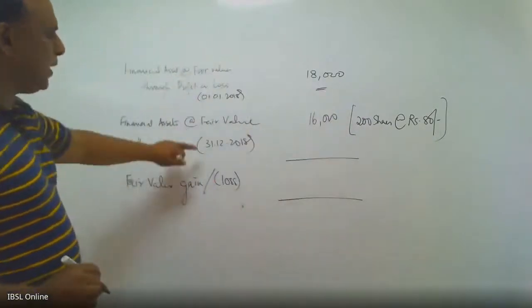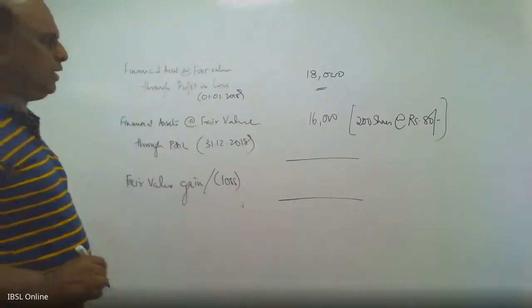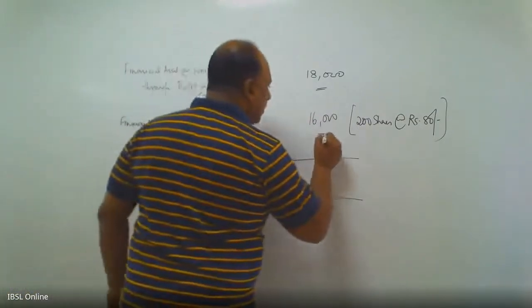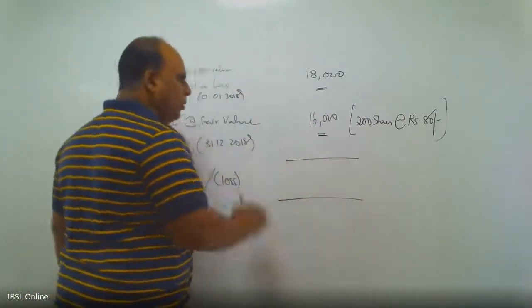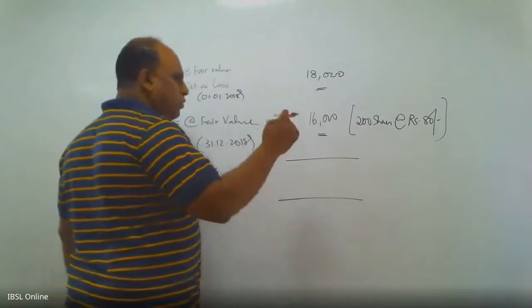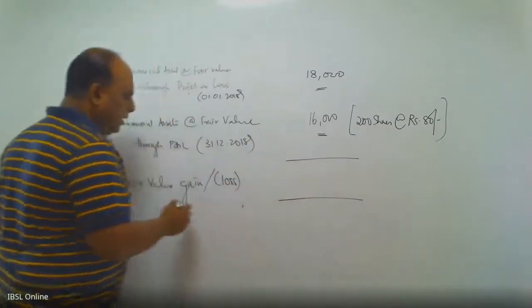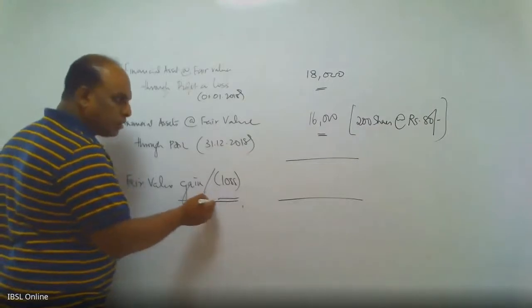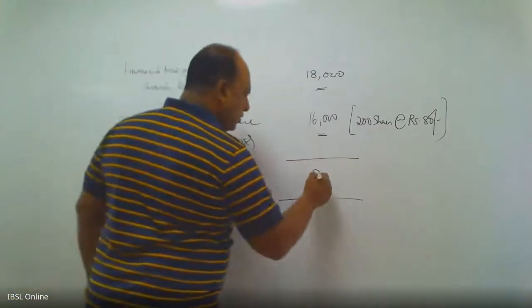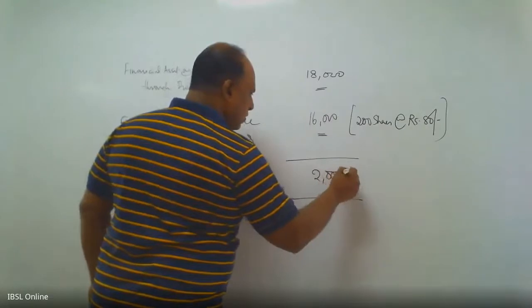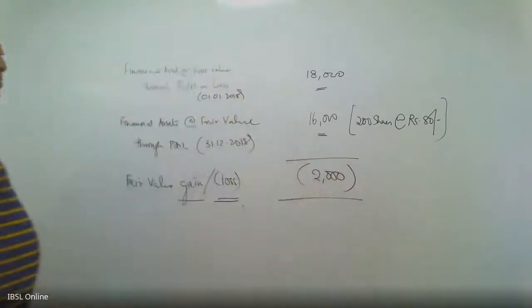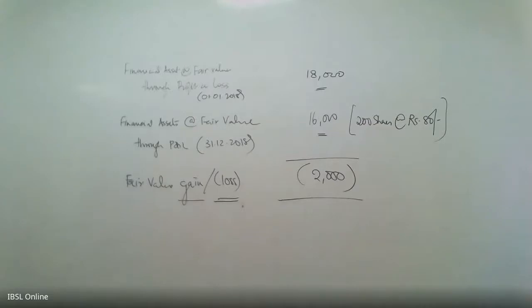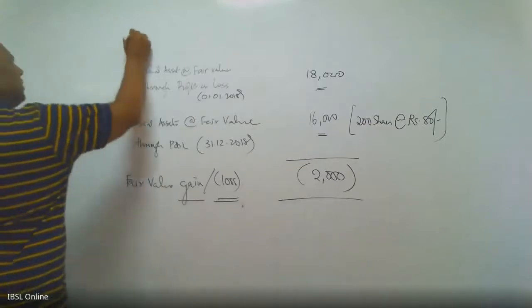Now when you measure it on 31/12/2018, it has come down to 16,000. So there is a drop in value. When the investment value drops, is it a gain or a loss? It is a loss. Loss of how much? 2,000.